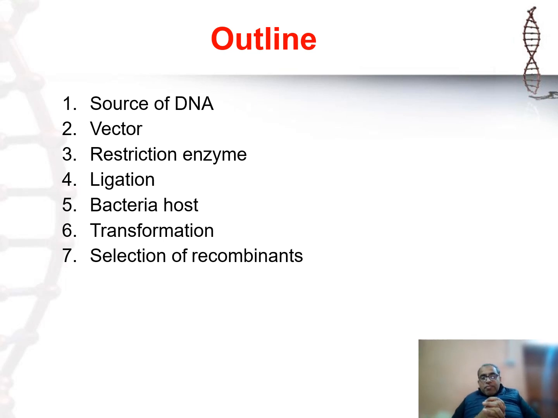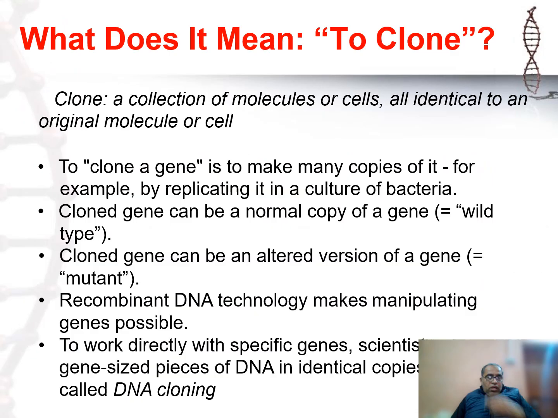So whenever there are blue colonies, that means your insert has not been cloned in your vector, like the plasmid. However, if there are white colonies, that means your insert has been cloned in your vector. So what does cloning mean?